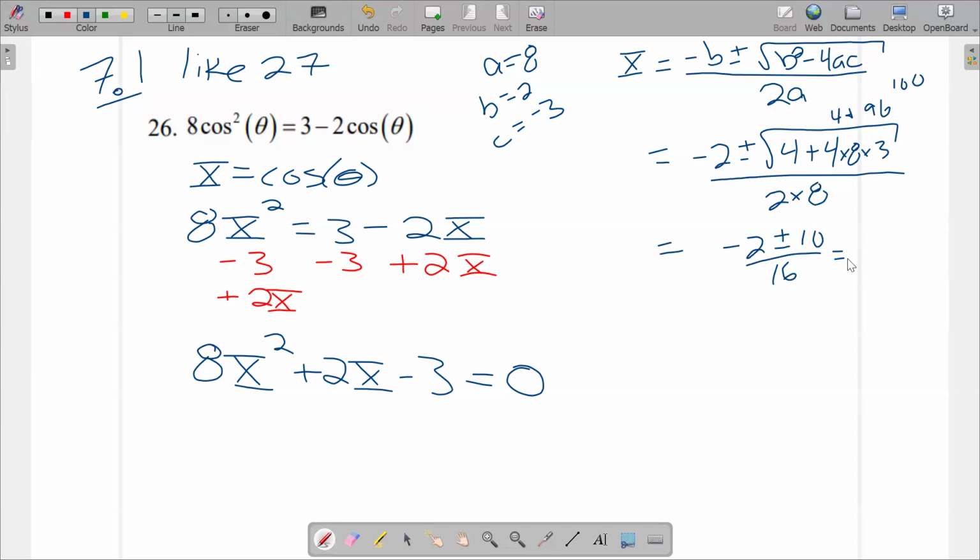So that will be negative 2 plus 10 would be 8/16. Negative 2 minus 10 would be negative 12/16. And those both reduce. So I can divide this one by 2 and this one by 4.